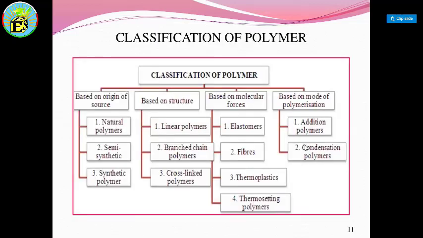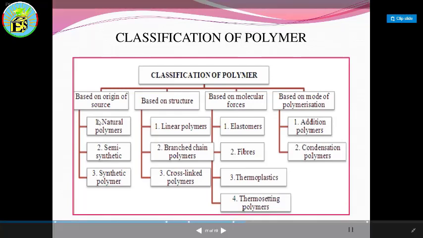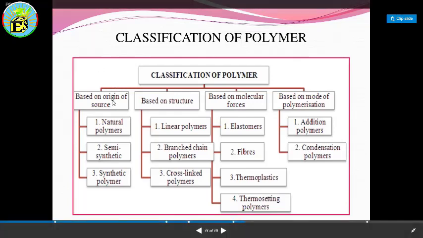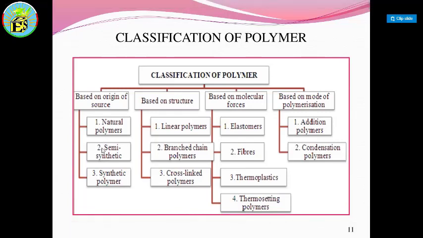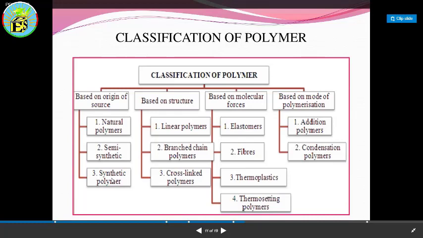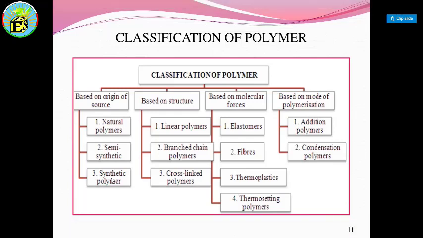Here is the chart of classification of polymers based on origin of source, from where they are coming. You can tell there are natural polymers, semi-synthetic, meaning some part is natural and some part is man-made, and then the third one is synthetic polymers, meaning totally man-made.